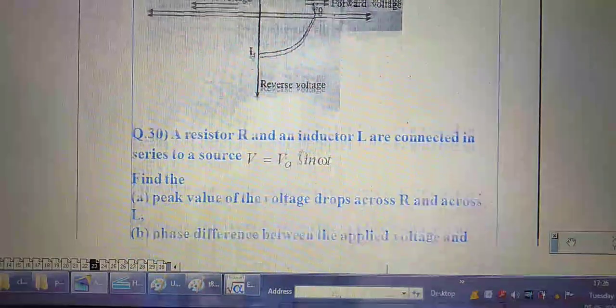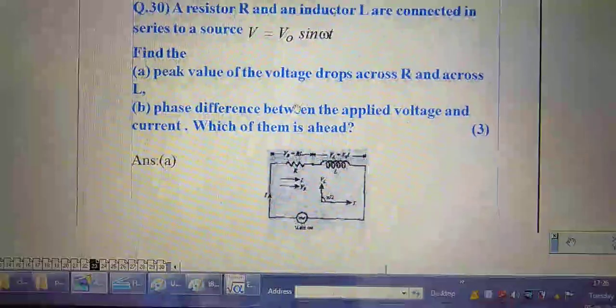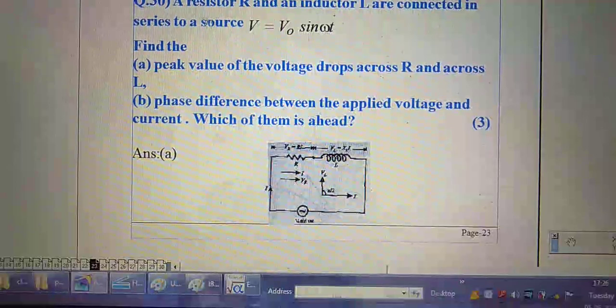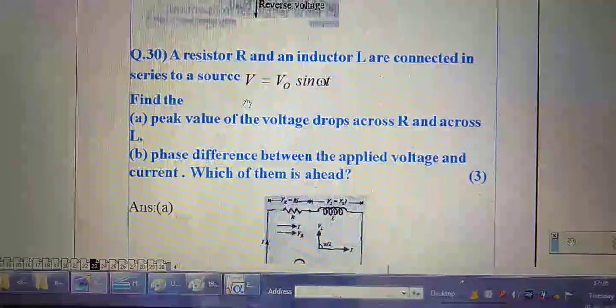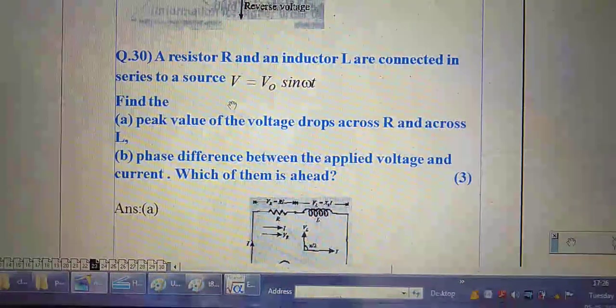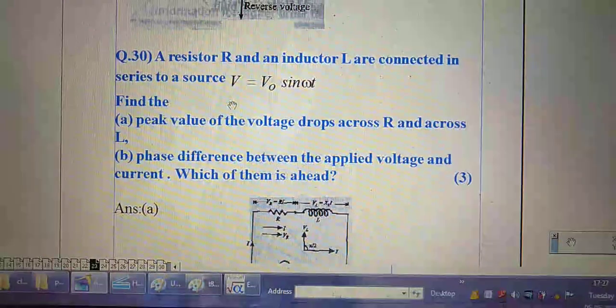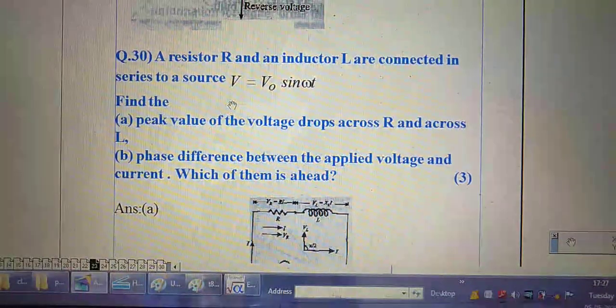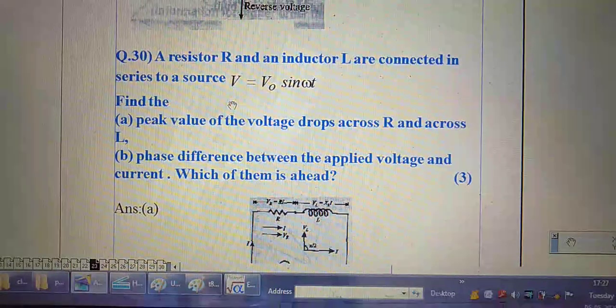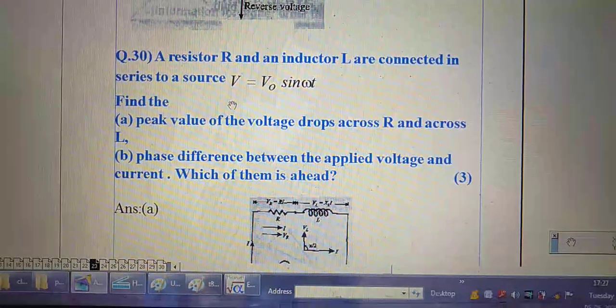Next question, question number 30. A resistor R and an inductor L are connected in series to a source V equal to V naught sin omega t.